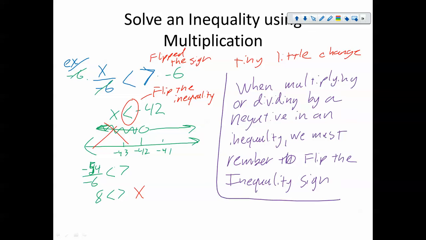I'm going to do that big, big purple, and let's put a box around it because it's important. When multiplying and dividing by a negative in an inequality, we must remember to flip the inequality sign.